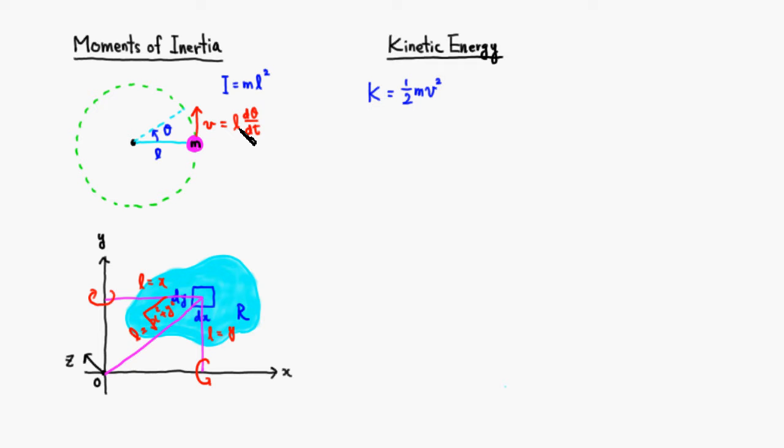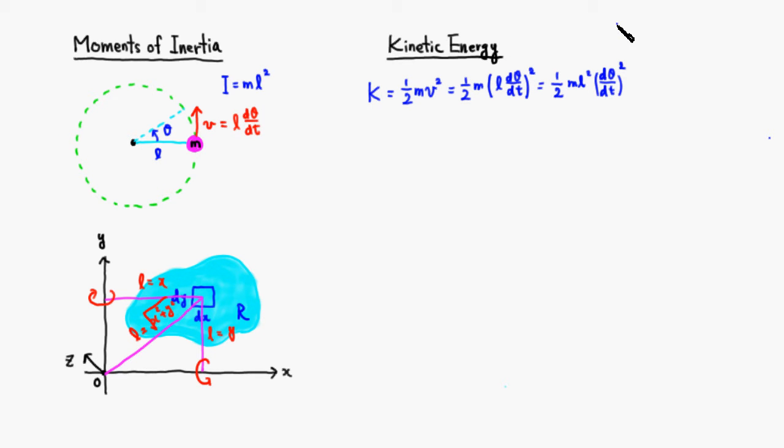If you plug this into the kinetic energy formula, you will get 1/2 m, and velocity is just L times d theta over dt, squared. If you multiply that out, you end up getting 1/2 m L squared (d theta over dt) squared.